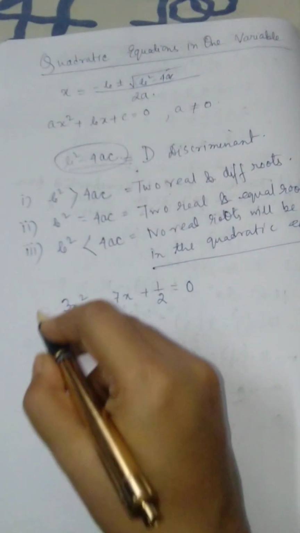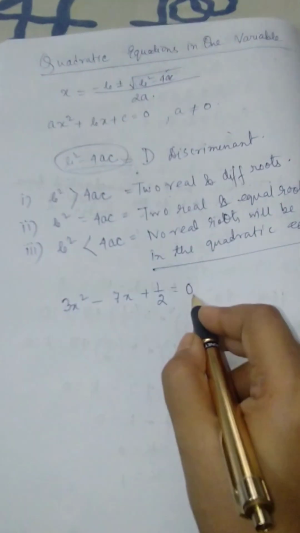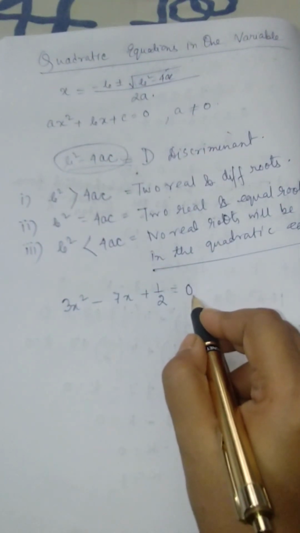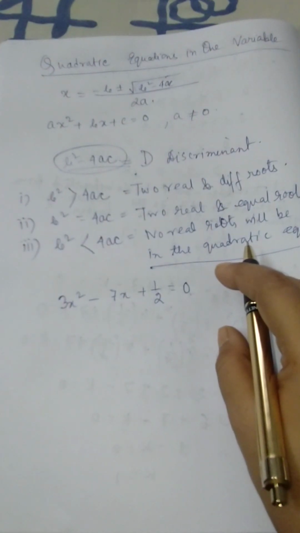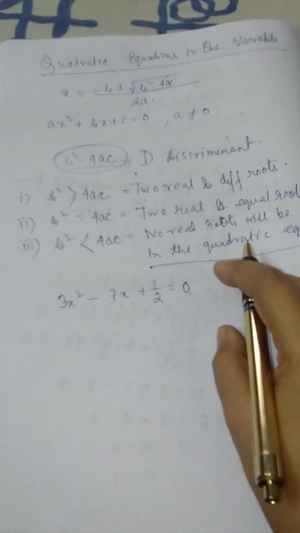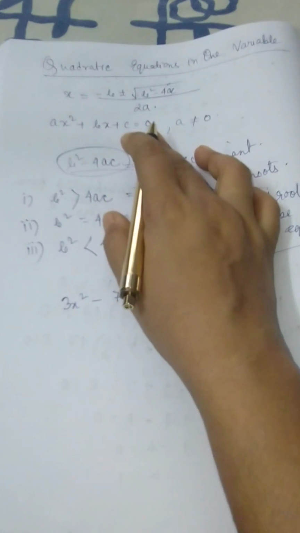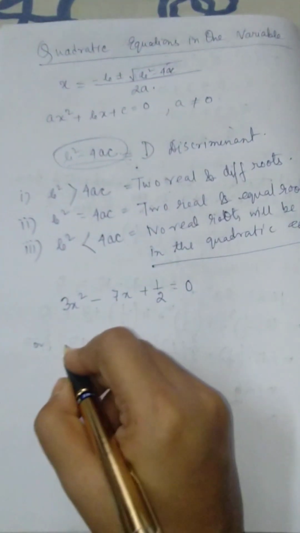As I told you yesterday, whenever this type of quadratic equation is given, first we have to simplify it and transform it into the format of ax square plus bx plus c is equal to 0. So let us do this first.